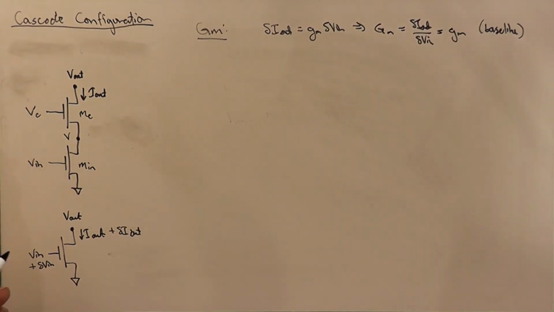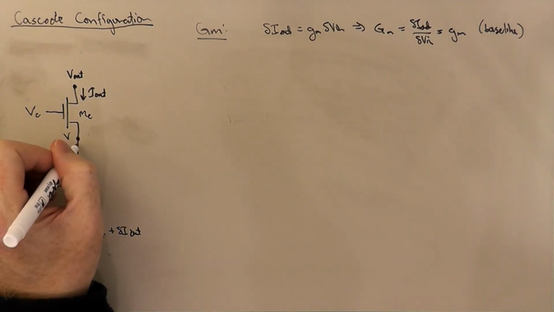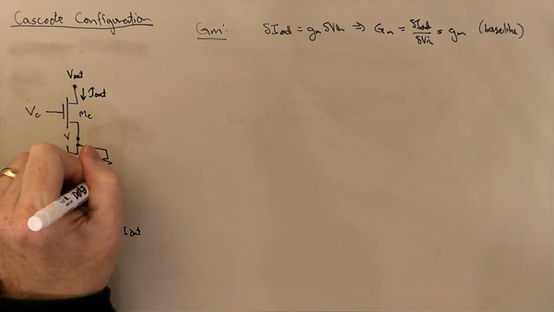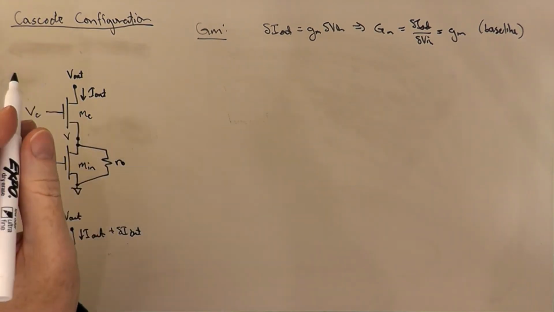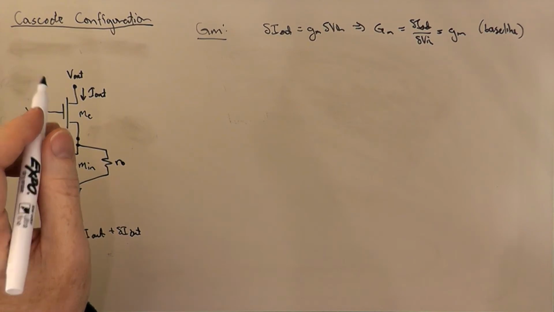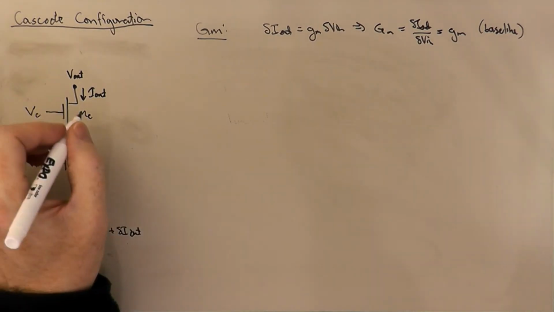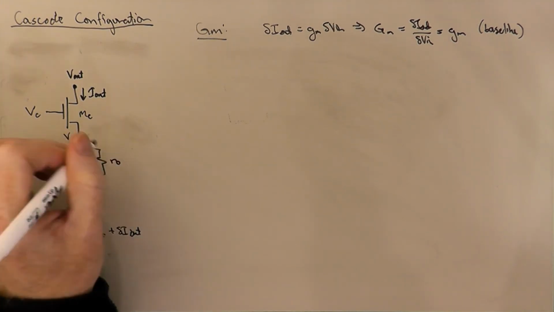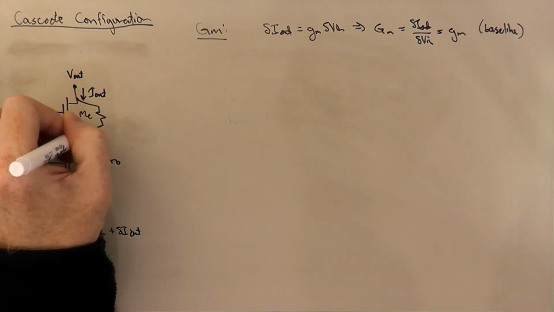For our cascode, let's put an early effect resistor in here, and let's put one in here too.